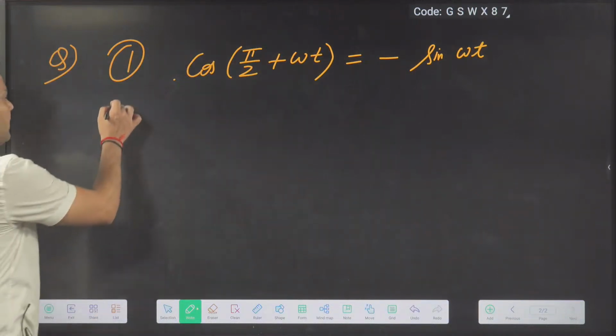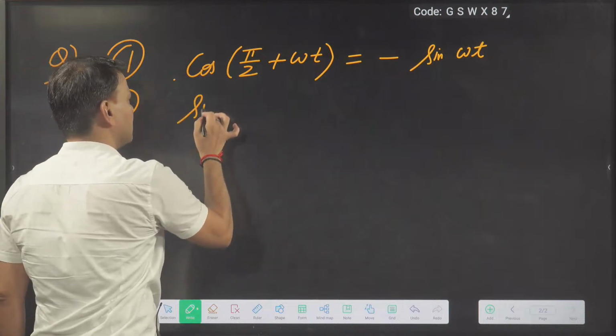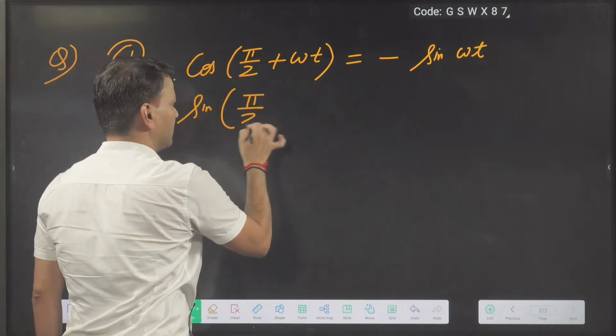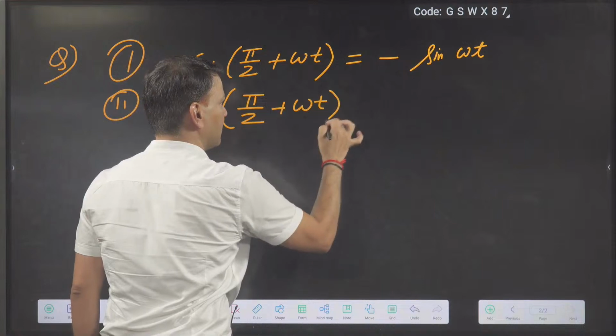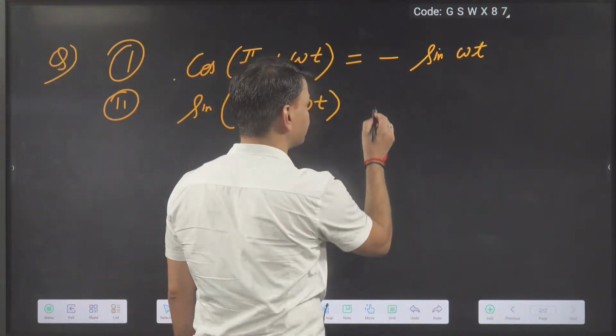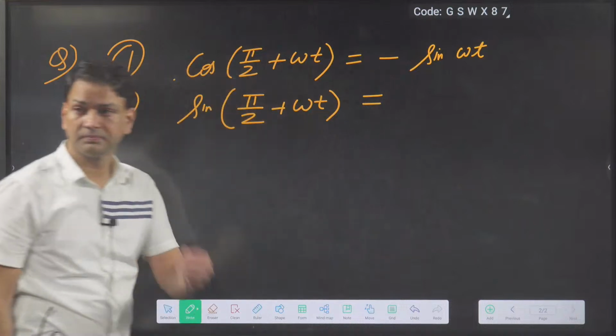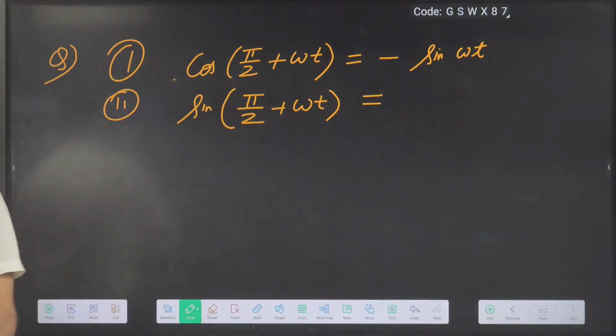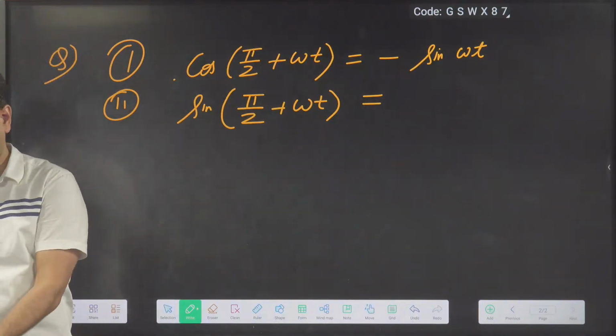Okay, next: sine of pi by 2 plus omega t. Tell fast.